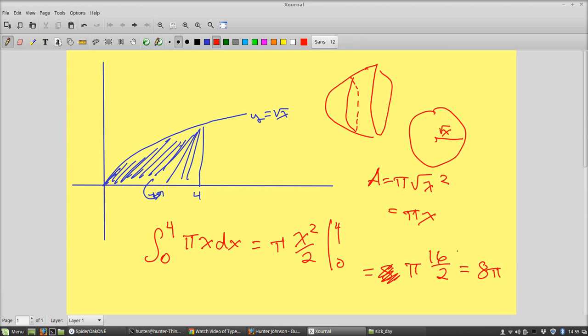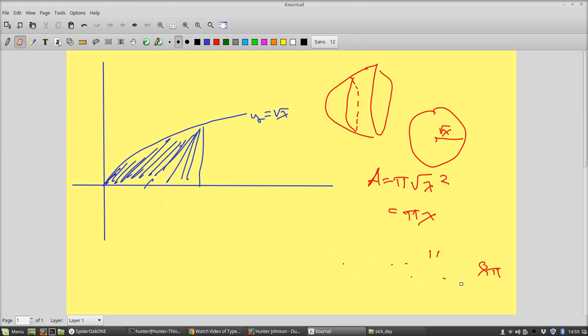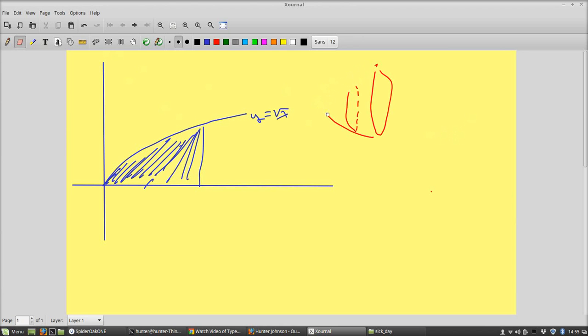Okay. All right. So let's do something similar, but now instead of spinning it around the x-axis, let's spin it around the y-axis. And this will make a completely different shape. This will be a washer problem instead of a disk problem. So can you imagine what it's going to look like when we spin it around the y-axis?